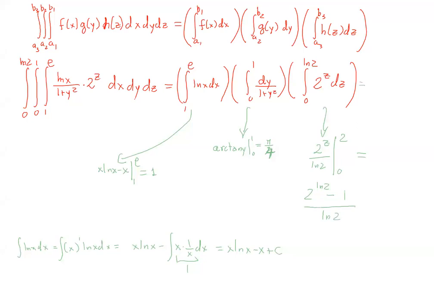And the final answer will be pi times 2 to the ln 2 minus 1 over 4 ln 2. Okay, that's what you get if you multiply the three numbers together.